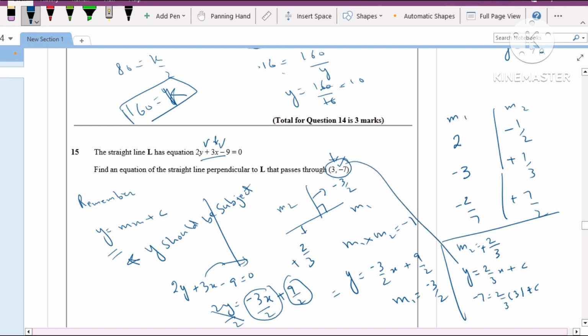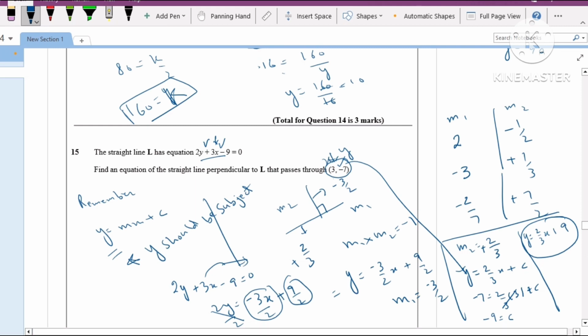So this will be cancelled out, plus 2 will be minus 2, minus 7 minus 2 is minus 9. So this is the value of c. So I write the equation y is equal to 2 over 3 x, and c is minus 9. Okay, so this is the equation he is looking for.